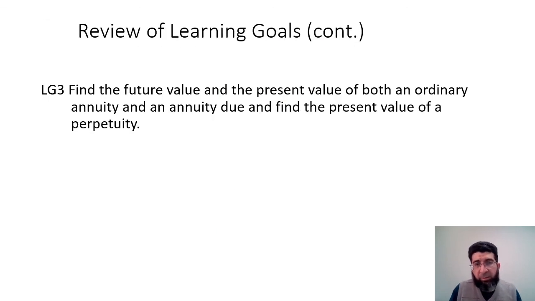So in this session we have studied the third learning goal, that is to find future value and present value of both an ordinary annuity and an annuity due, and find the present value of perpetuity. For ordinary annuity, we know it's a straightforward formula where there is no additional factor.